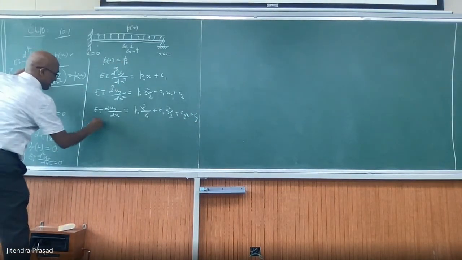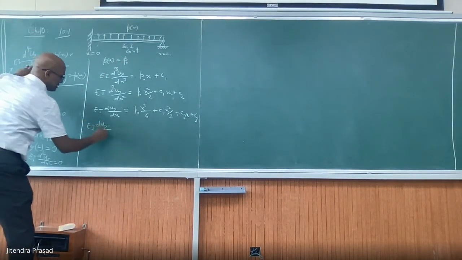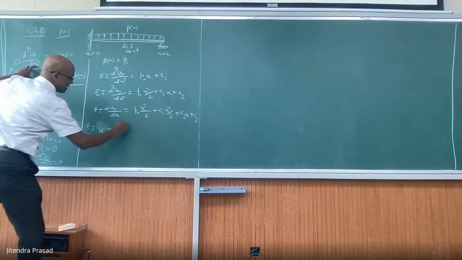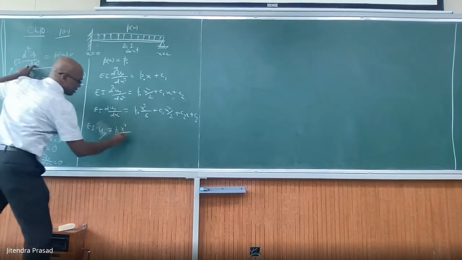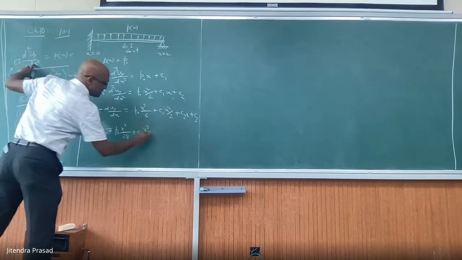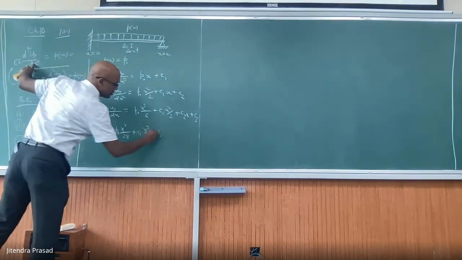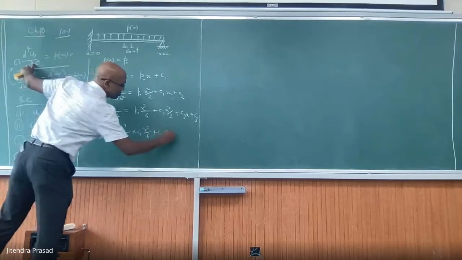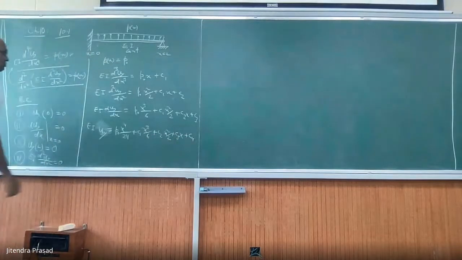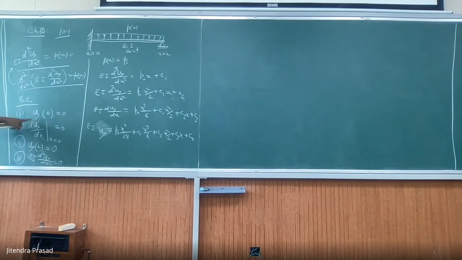Then EI Uy is equal to p0 x to the fourth over 24 plus c1 x cubed over 6 plus c2 x squared over 2 plus c3 x plus c4, right? And then you will put these conditions, Uy equal to 0.